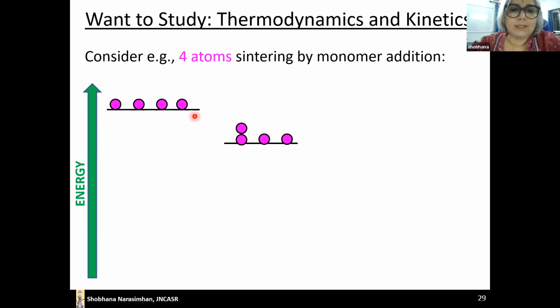And in this process, the energy is lowered from here to here. And then again, I have monomer addition. So this monomer will move and coalesce with this dimer. And again, by forming the trimer, the energy is lowered. And similarly, again, a similar monomer addition occurs to go from the trimer to the tetramer, and the energy is lowered again.